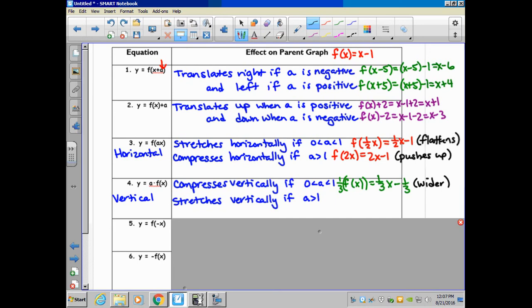Vertical stretch is when you multiply by a number greater than 1. So it would be like 3 times f of x, which would be 3x minus 3.